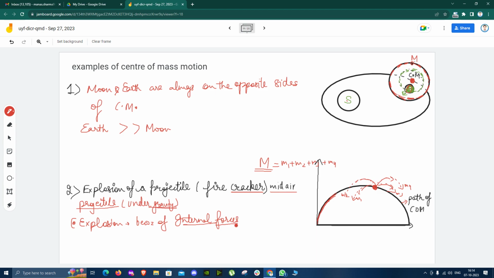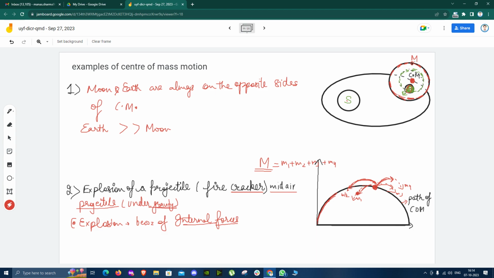The fragments will have their own parabolic paths, but while they are on their own paths, all the masses will still be following the main parabolic path. As you can see, when they reach here, they will still be falling according to this main path. So this will be the path of the center of mass of the cracker projectile.